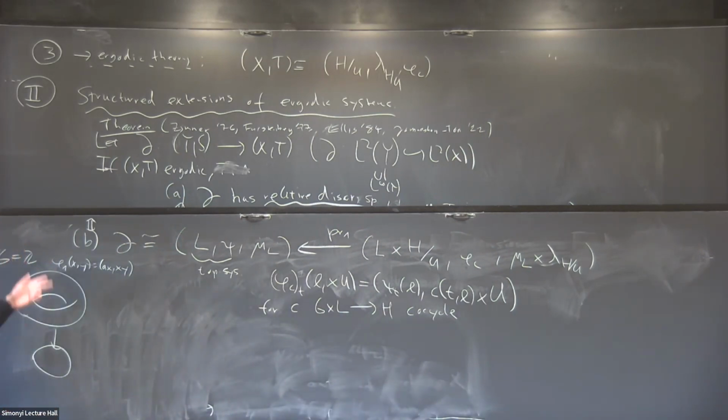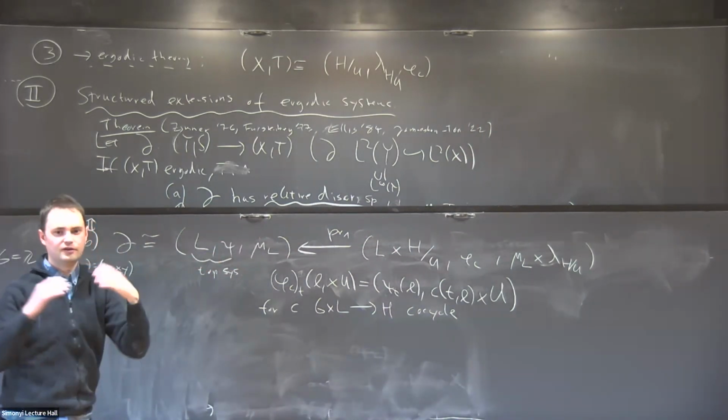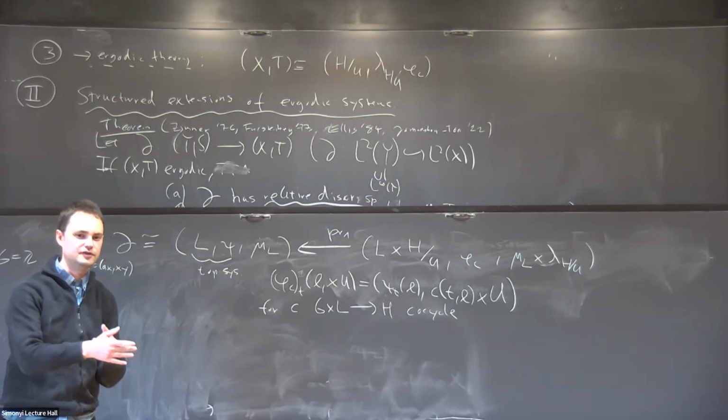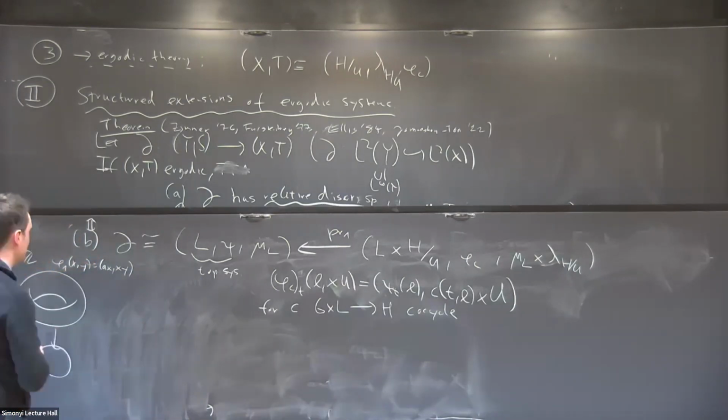So the result again is not new, but I will come to the new result in the end. I will just explain how to adapt the proof we just had for the Neumann theorem to this relative situation. So I will show that you can use the same topological approach.